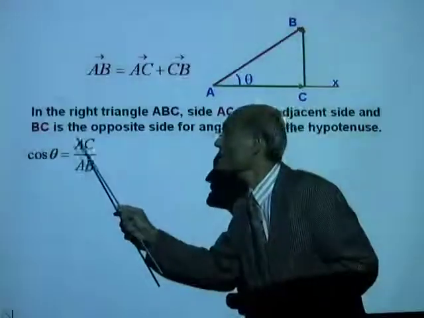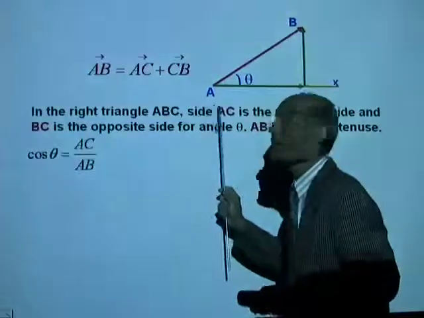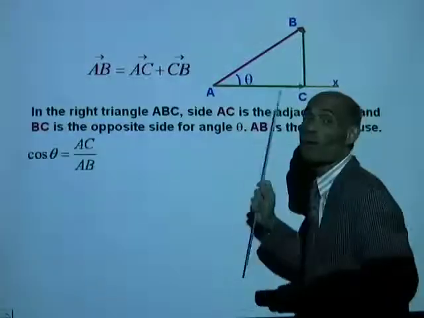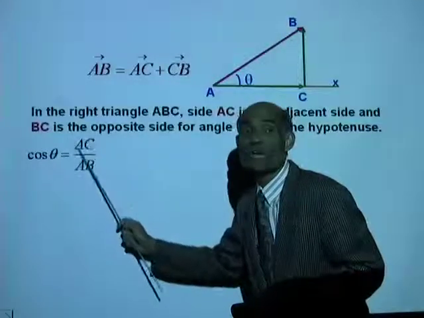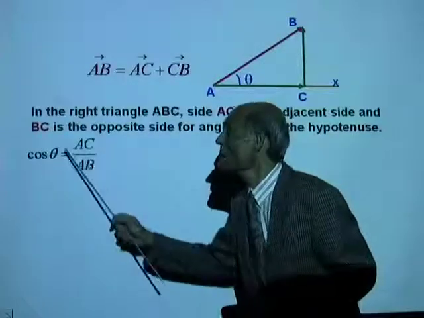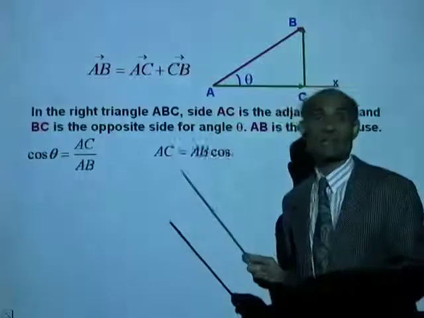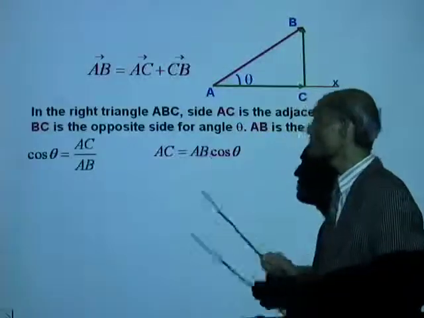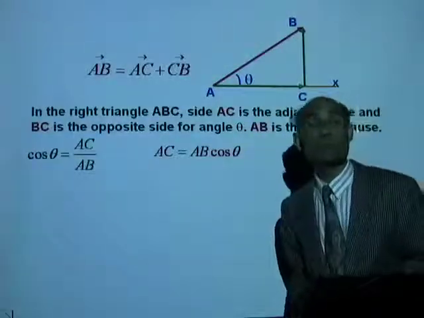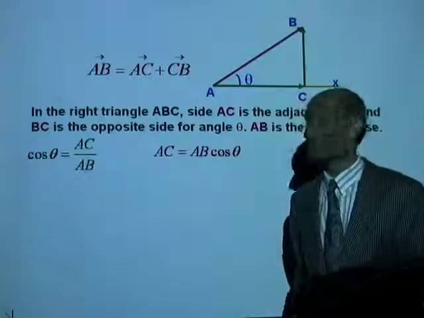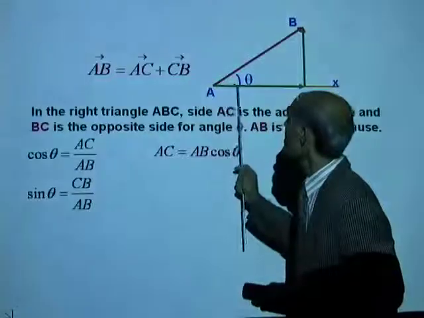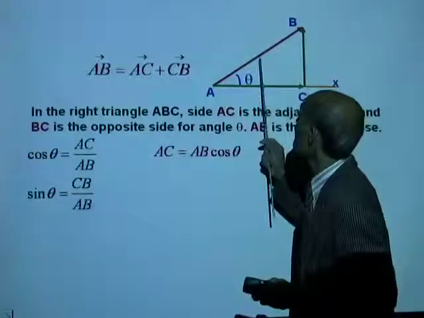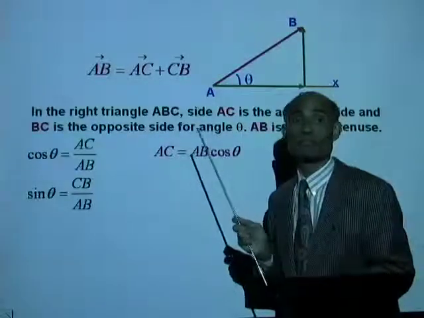And therefore, what is AC equal to? AC is the x component of the vector. AC equal to AB times cos theta. Similarly, sin theta equals opposite side divided by the hypotenuse.